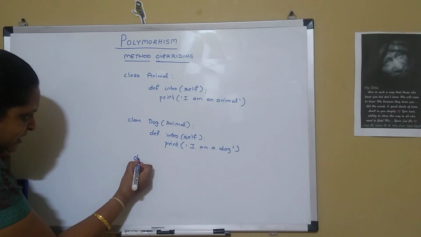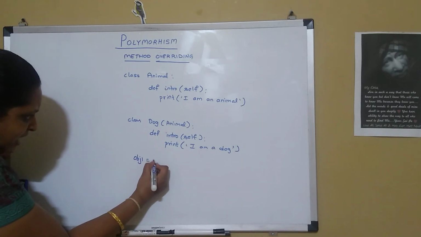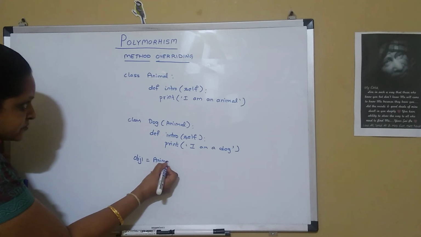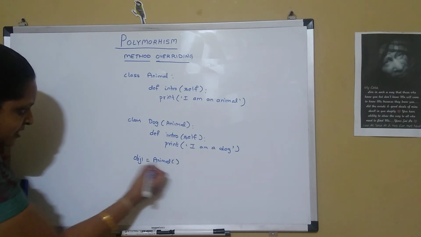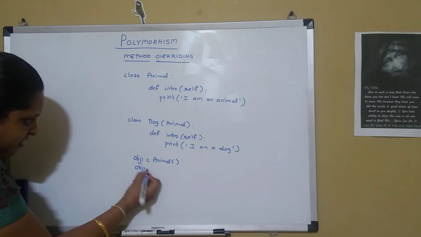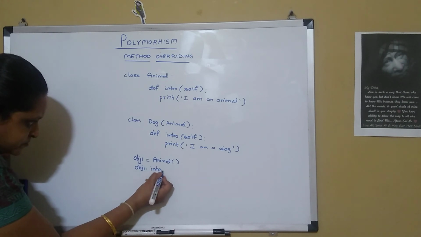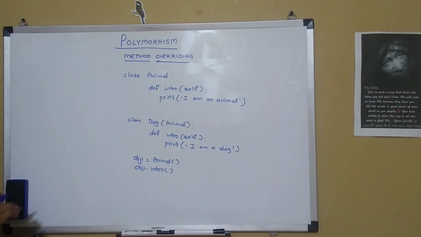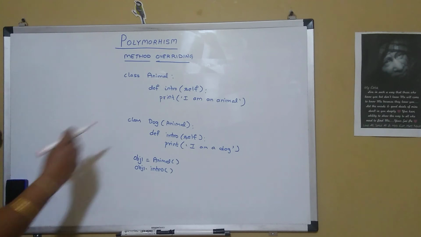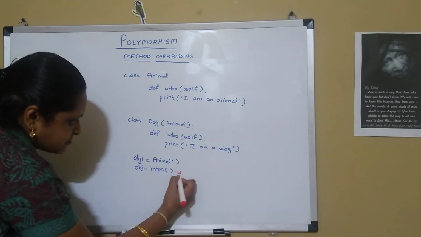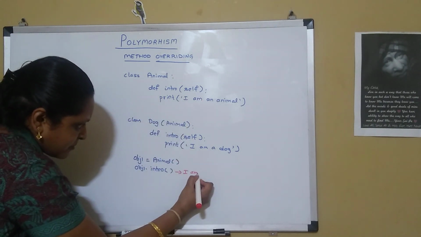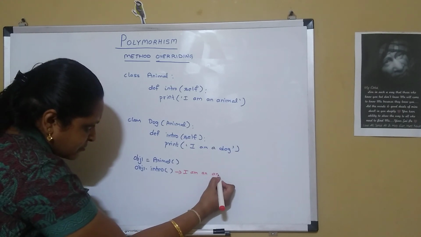Now if I create an object obj1 for Animal and say obj1.intro, in this case it will print I am an animal.